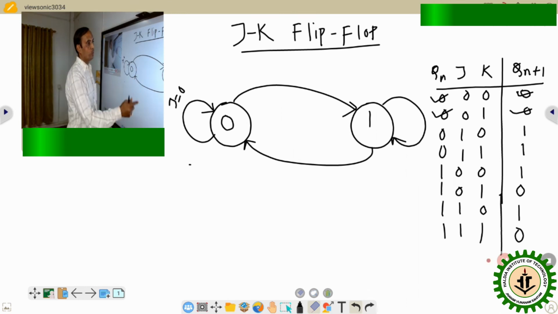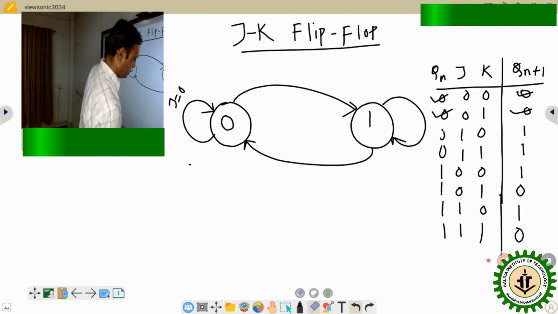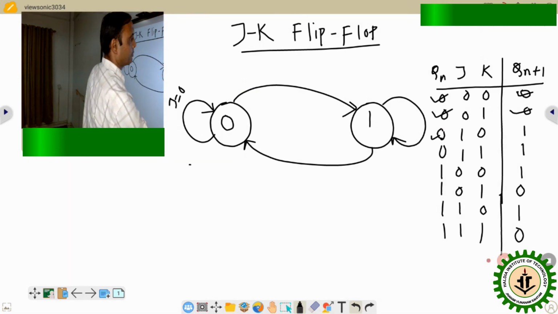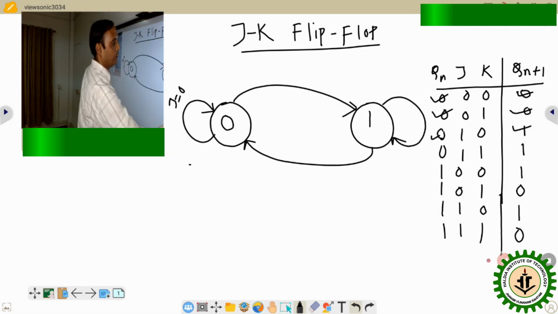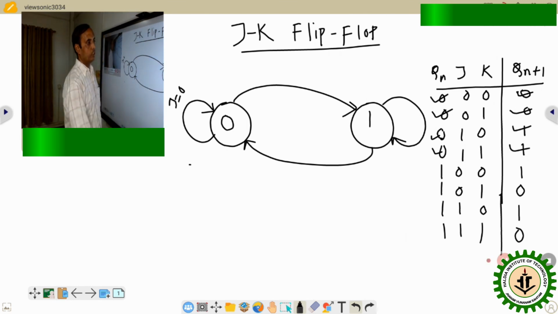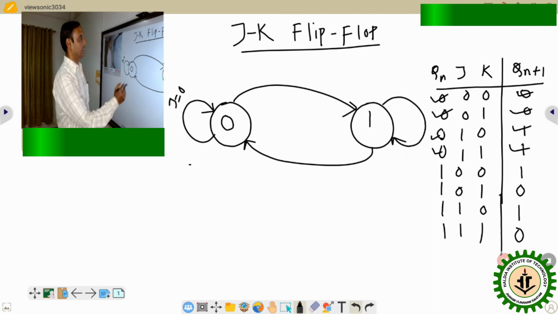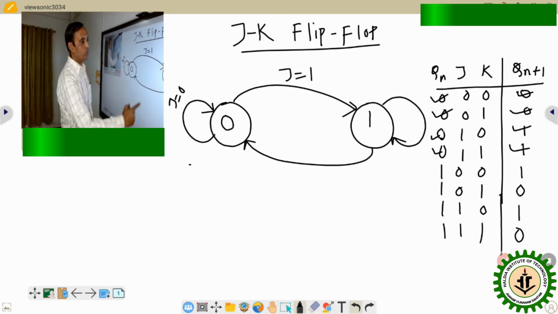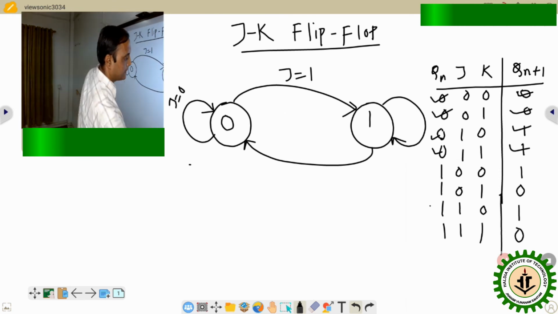Okay, 0 to 1, sorry, this portion and this portion, these two. So here J equals 1, K equals don't care, that means J equals 1. Next 1 to 1, this is 1 to 1 and this is 1 to 1.